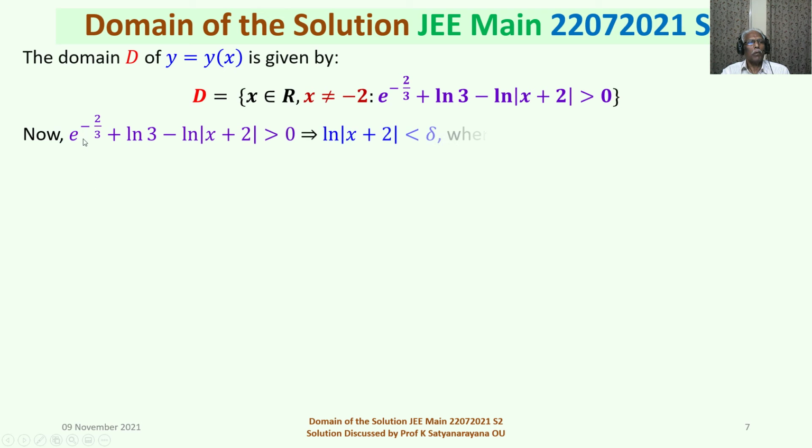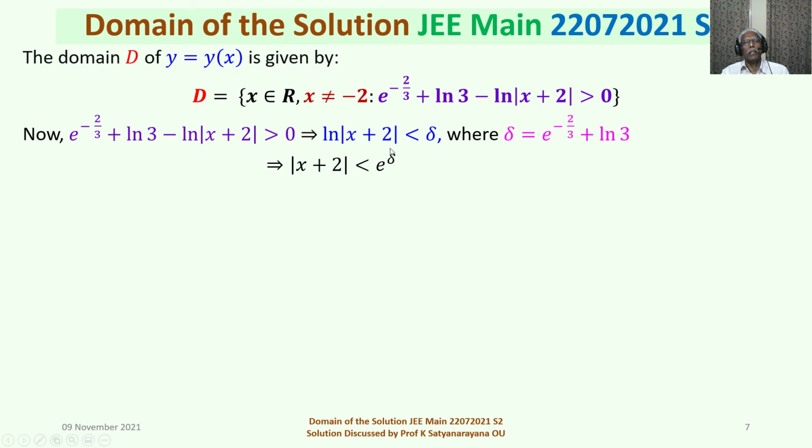Now this will imply ln|x + 2| is less than delta, where delta is e^(-2/3 + ln 3). So that will be |x + 2| is less than e^delta, taking the exponential on both sides.